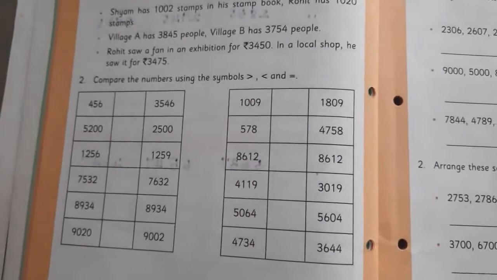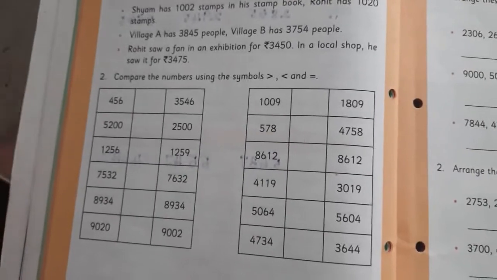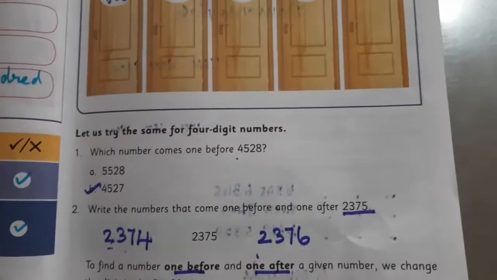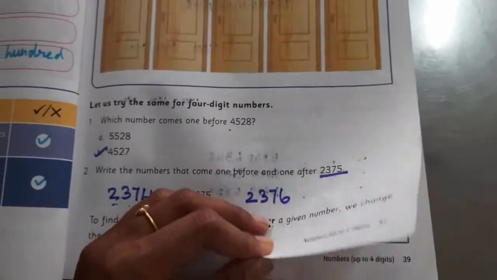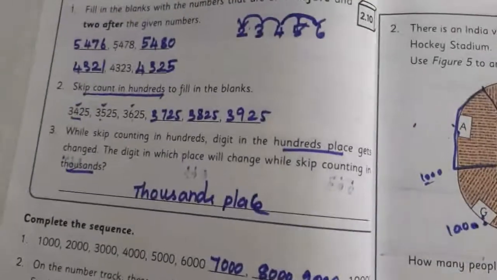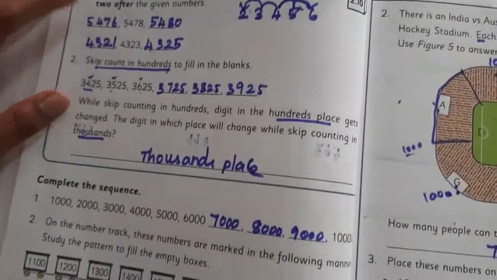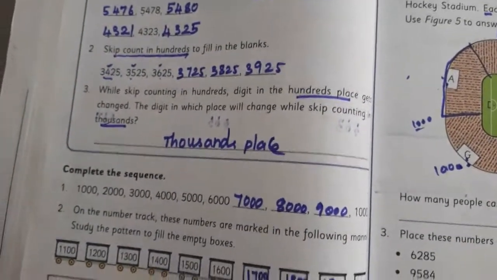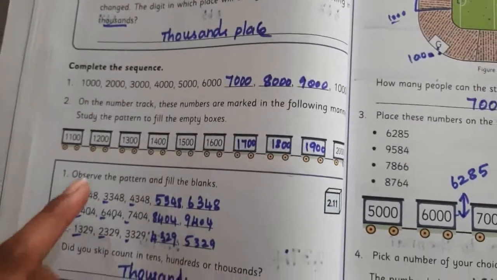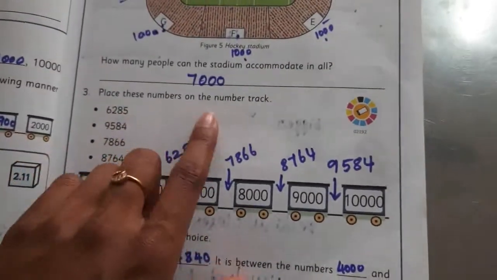Now I am going to conclude this session with a quick recap. In this session we learnt the before and after numbers for 4-digit numbers, and skip counting in 1000s and 100s. We also learned a very important thing, which is placing numbers on the number track.